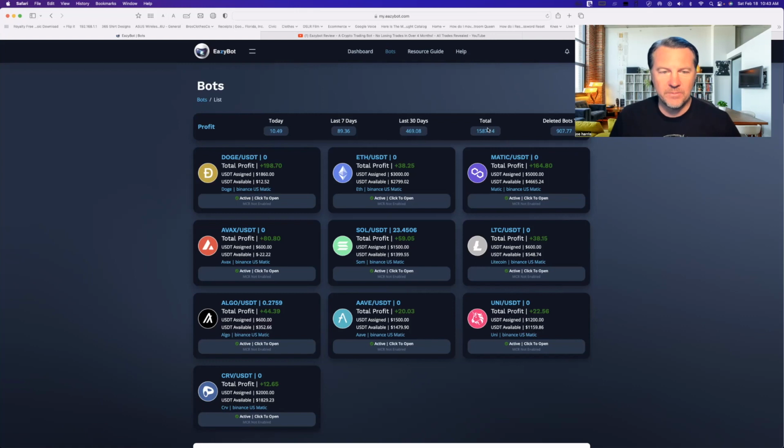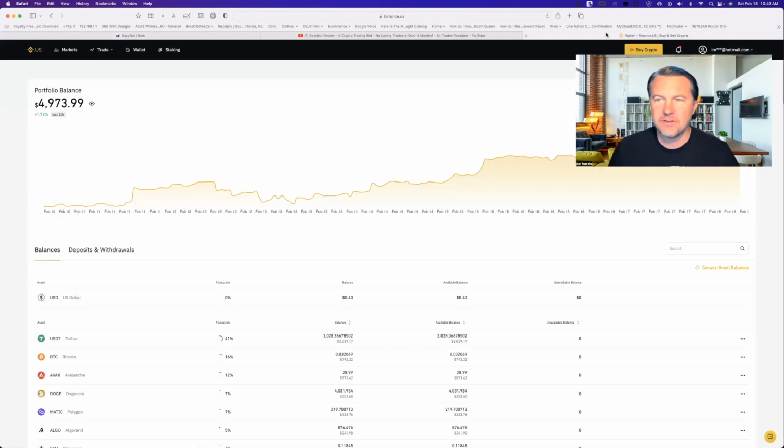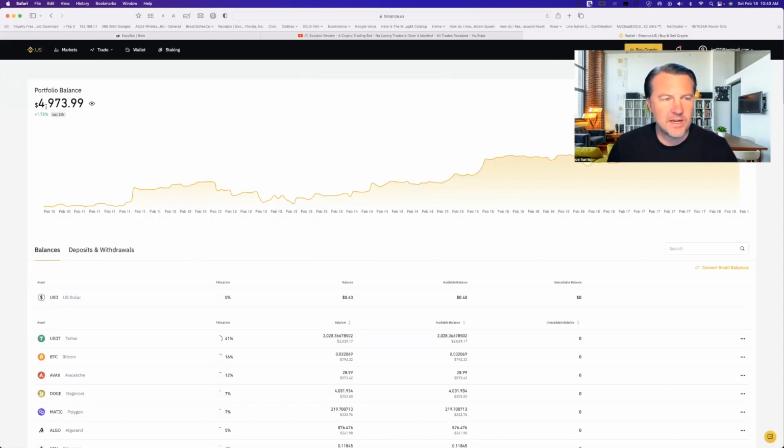So here's what I'll show you. One of my strategies has to do with how much USDT is assigned. Here's my Binance wallet that's associated with this, and I have $4,900 in it. Twelve days ago, I had about $4,200.